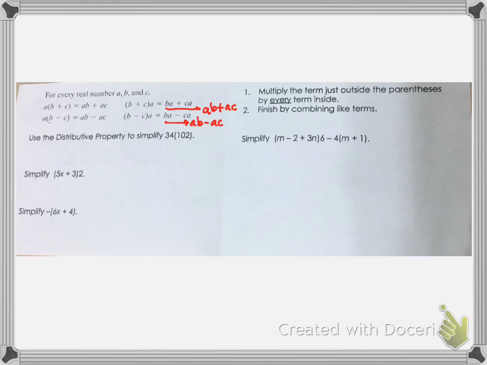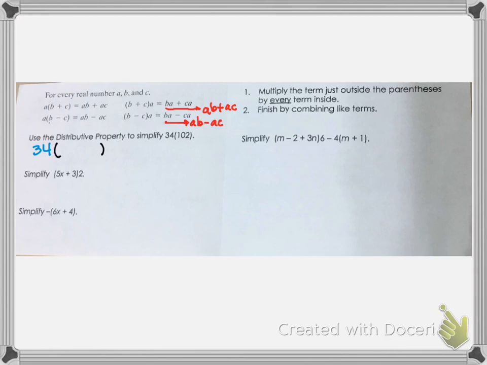All right, so it says use the distributive property to simplify 34 times 102. So what we're going to do is keep the number on the outside intact. So we're not going to change it. That's what intact means. And we're going to keep 34, 34. But we are going to change the second number into the sum of values.